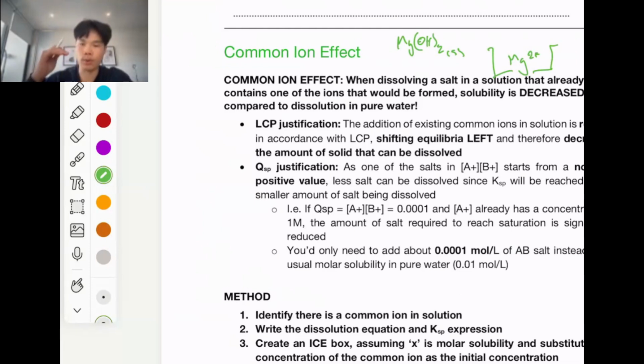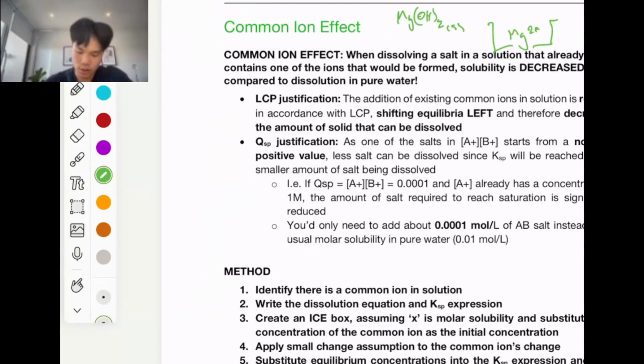And this is because you already start with a slightly raised concentration of one of those ions. It would not take as much solute to reach KSP. You can justify that through the Q justification I just gave, or you can talk about it through LCP, saying that the addition of these common ions would cause equilibrium to shift left and therefore precipitate out some of the solid that would normally dissolve.